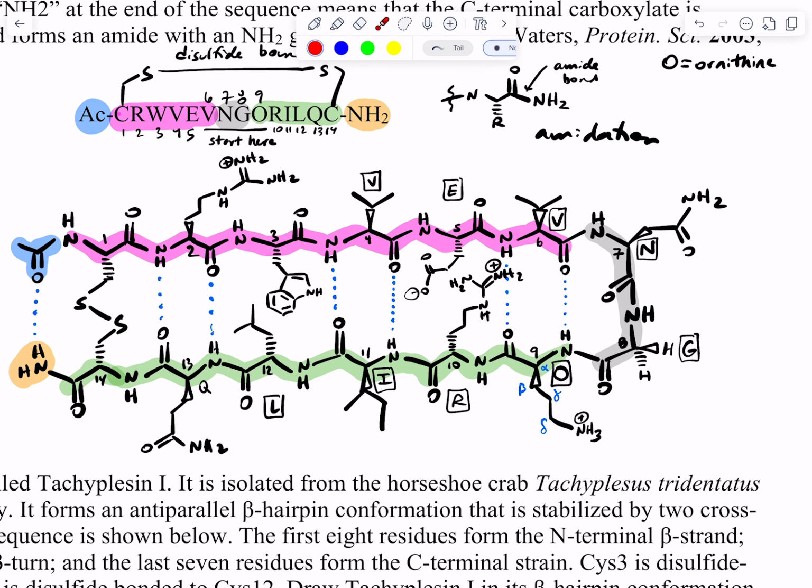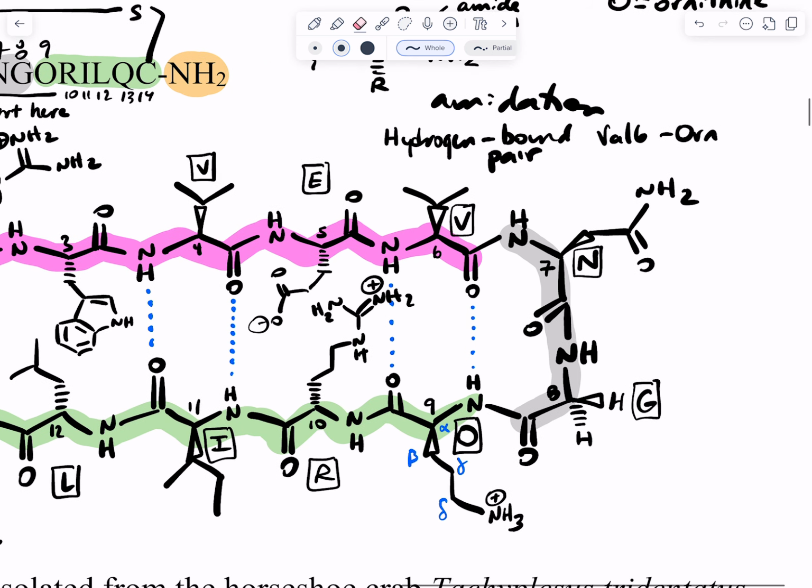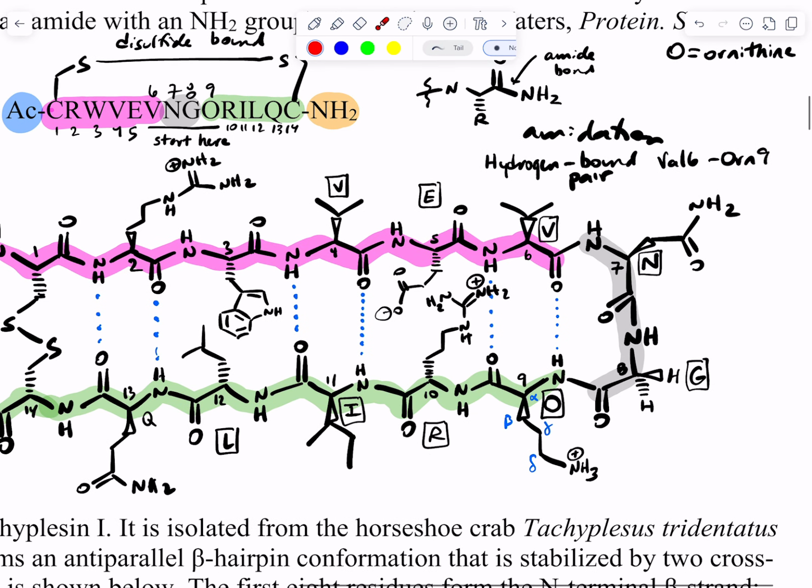We call that a hydrogen bound pair, and that would be like valine 6 and ornithine 9. ORN is the three-letter abbreviation for ornithine. Notice that for the next amino acid down the hairpin, glutamate 10 and arginine 10, their COs and NHs are pointed outward, away from the other strand.